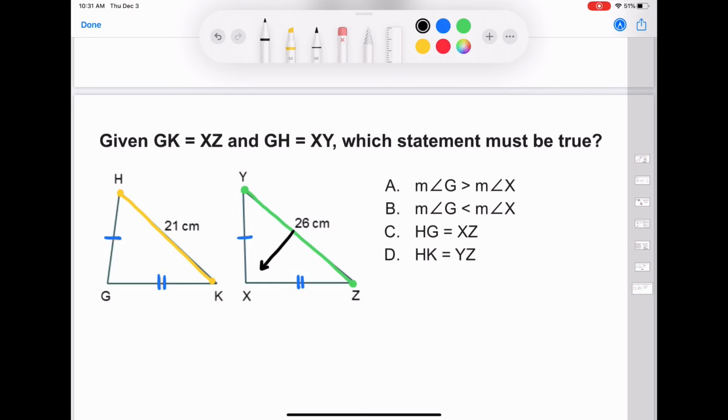So therefore, we note that the measure of angle X is greater than the measure of its opposite angle, angle G. So we want to look for the statement that tells us that, and that is answer choice B.